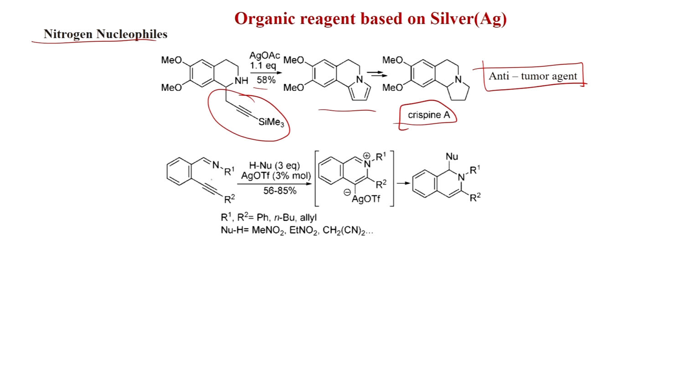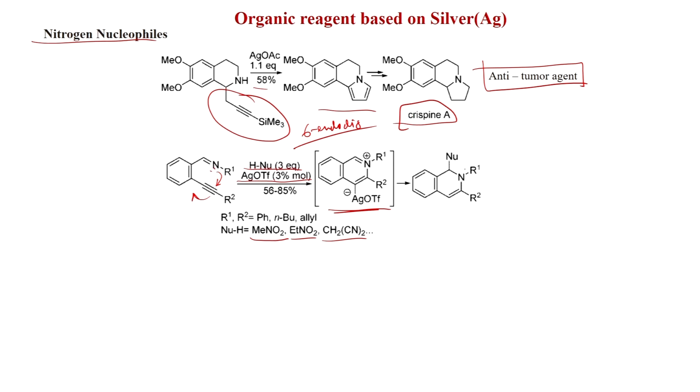Also, if you have an imine here and a triple bond here, then with a nucleophile like nitromethane, nitroethane, malononitrile, and with silver sulfate only 3 mole %, then you can get this intermediate, because this nitrogen will first attack here, then this will happen. So, this is 6-endo-dig.